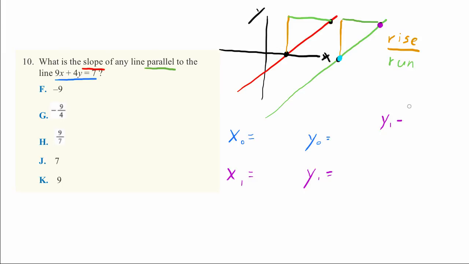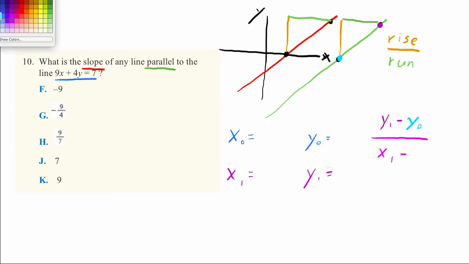This is how far up that we went. And we're going to divide this by x1 minus x0, how far over we went. So we're just saying, how far up did we go, our rise, and how far over did we go.